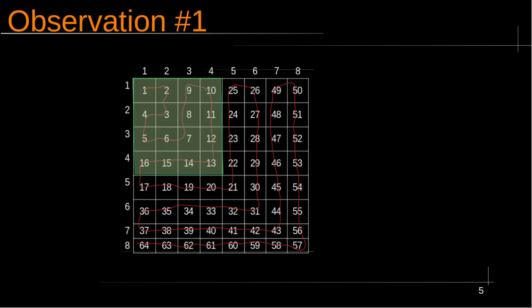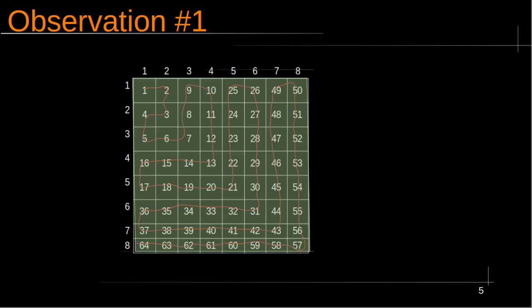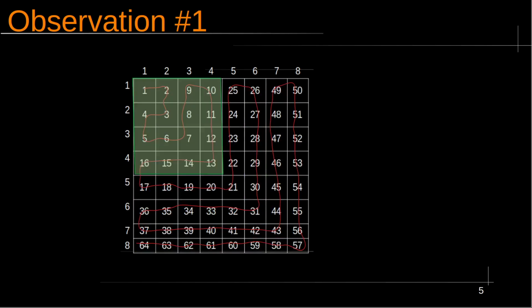Square of size 4 contains the consecutive integers from 1 to 16. Here, square of size 5 from 1 to 25, etc. Until the end of the matrix. This is the first observation. So we have squares here, as you see.